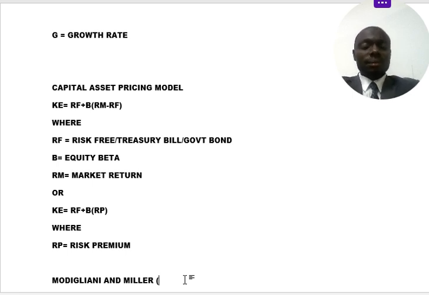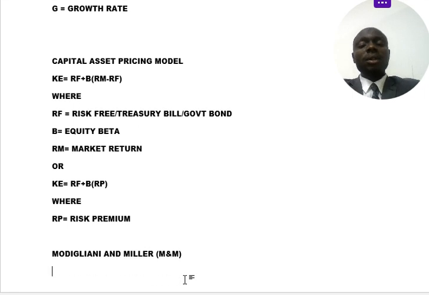Now, Modigliani and Miller assumption, M and M. There is an assumption here, but I will explain when we get to adjusted present value. We're still going to dissect this. Now, Modigliani and Miller is saying that everything is perfect in the market. There is perfect information. There is no tax.